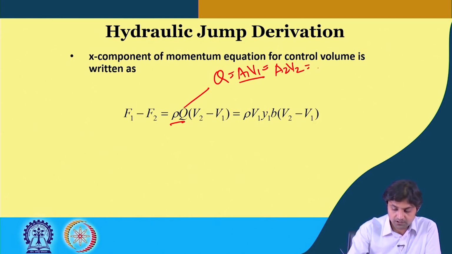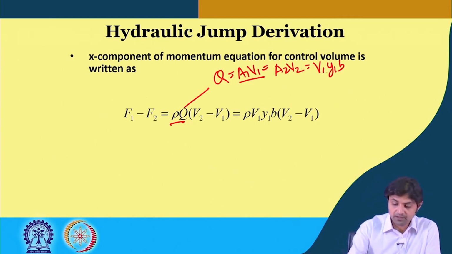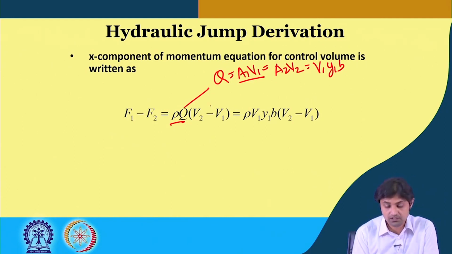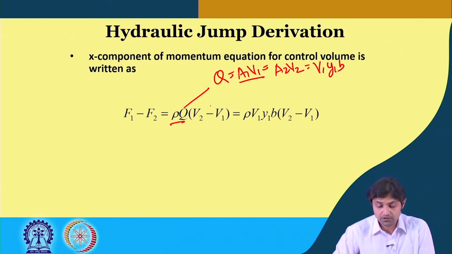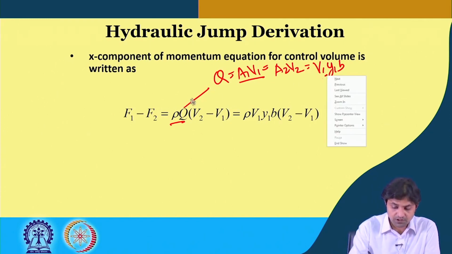So, A1 V1 is V1 Y1 into B, where B is the width, multiplied by V2 minus V1, which is the difference of the velocities between section 2 and 1. So, we can actually use this equation here.